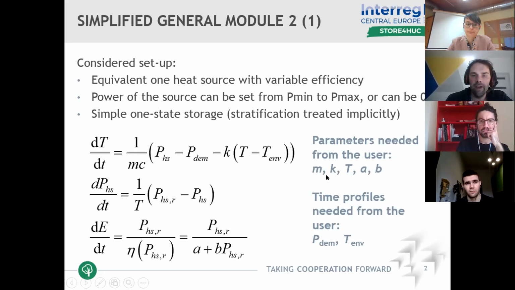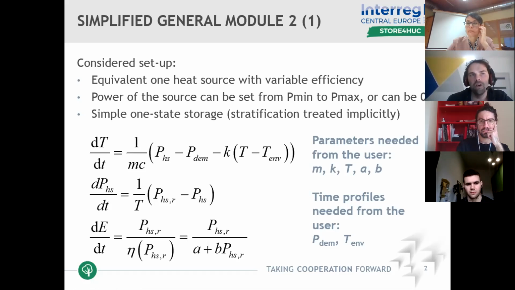Then the next parameter that should be provided, or even advised to the user if he doesn't know exactly what it would be, is the power dissipated from the storage per 1 Kelvin of temperature difference between the inside of the storage and the outside, and it's usually in the range of several watts per Kelvin.